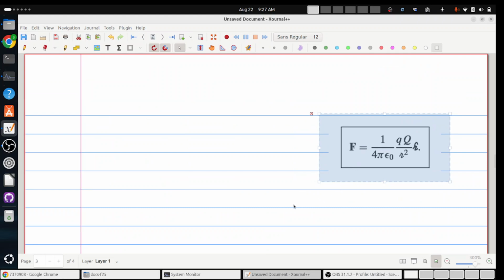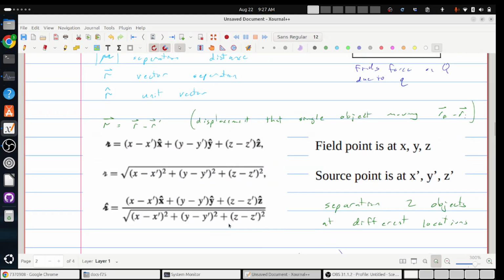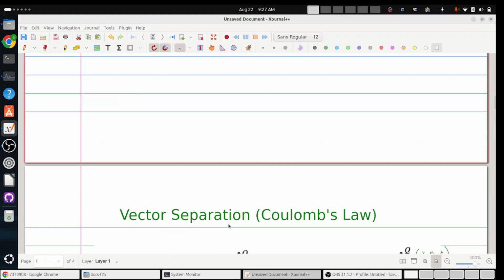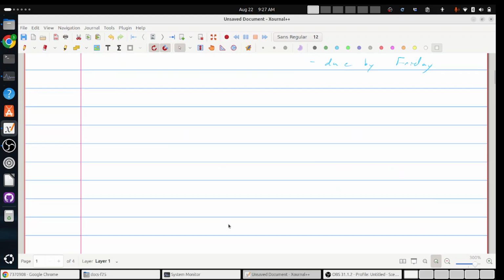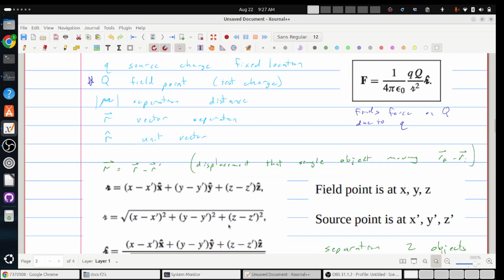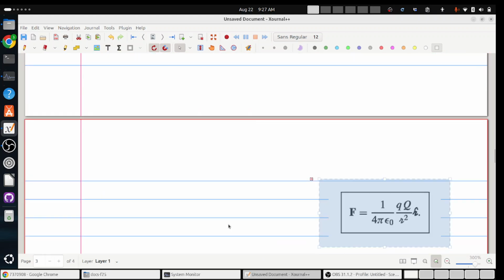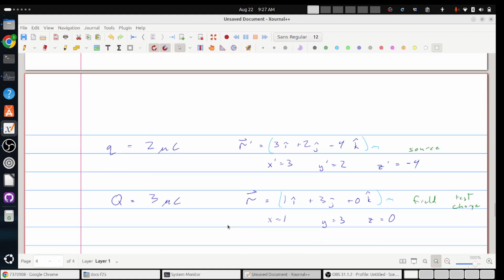And I'm going to copy some of my stuff over here now, because what I need is my two charges. Wait a second, where did that go? I put this in the wrong place, I think. I'll have to change these page orders later.